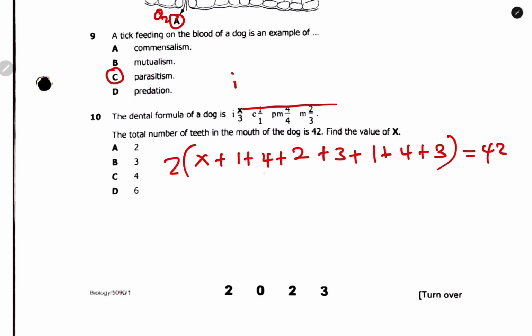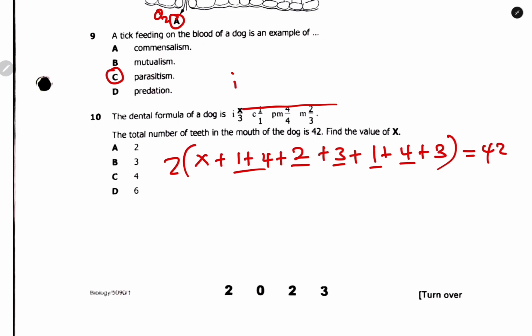Inside here, if we are to add 1 plus 4 is 5, plus 2 is 7, plus 3 is 10, plus 4, that is 14, and of course we have 17. I guess I haven't added this one, which gives us 18. Let us just re-add. 1 plus 4 is 5, 7, 8, 9, 9 plus, that is 13, then 16.